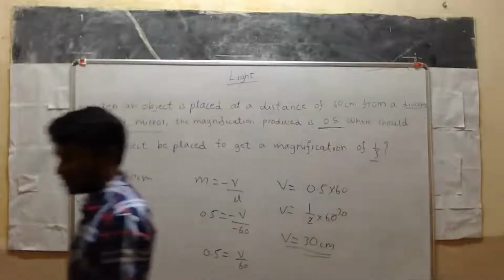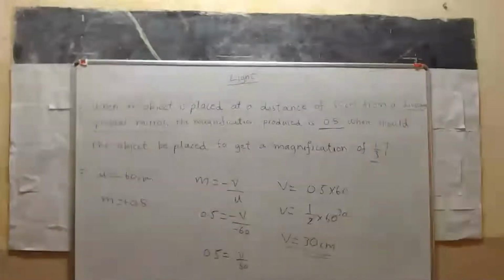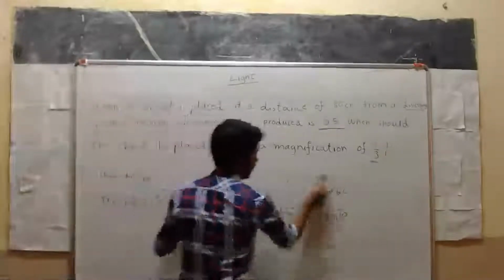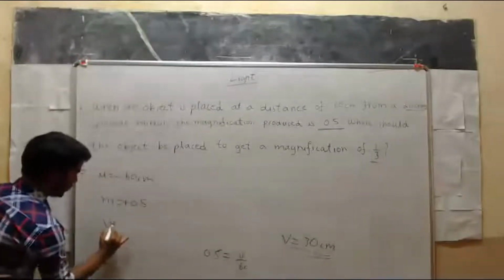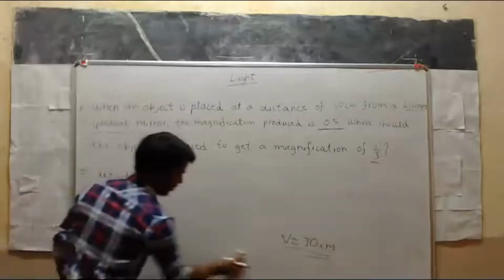So now we can find the focal length, right? v is equal to 30 centimeter.